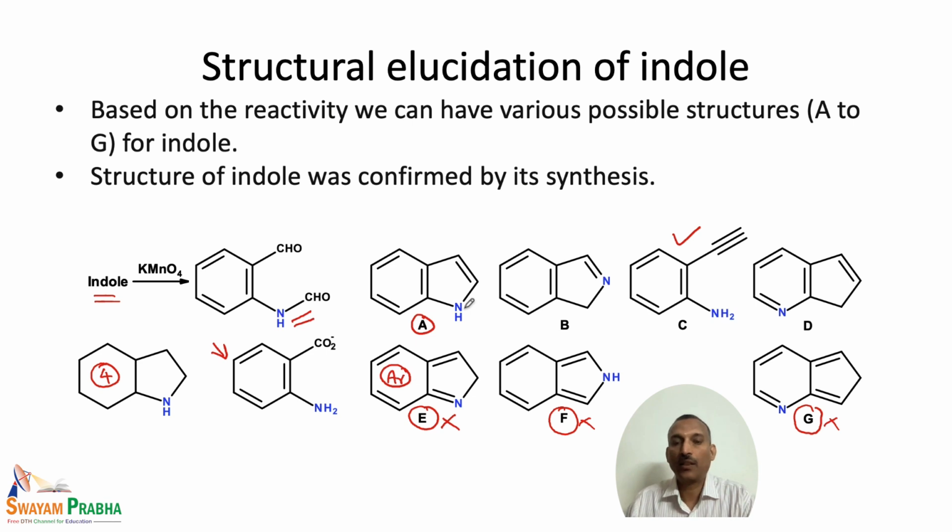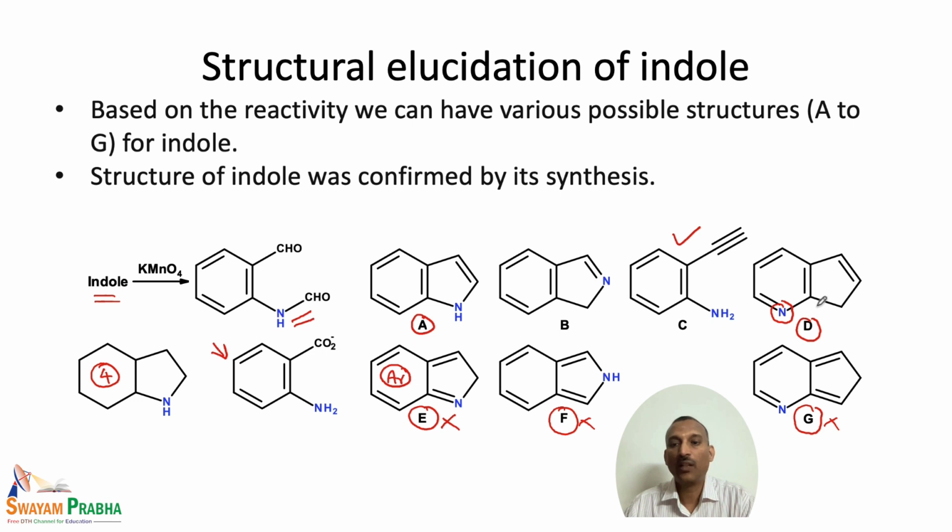Another thing is we have structure A and structure D. If you look at structure A and structure D, we still have 4 double bonds here, and in one of the rings a nitrogen atom is present. What we have studied so far is that compounds where nitrogen is present in the heterocyclic ring also undergo electrophilic substitution.